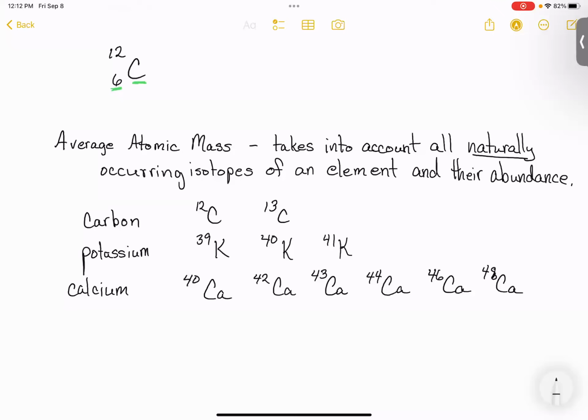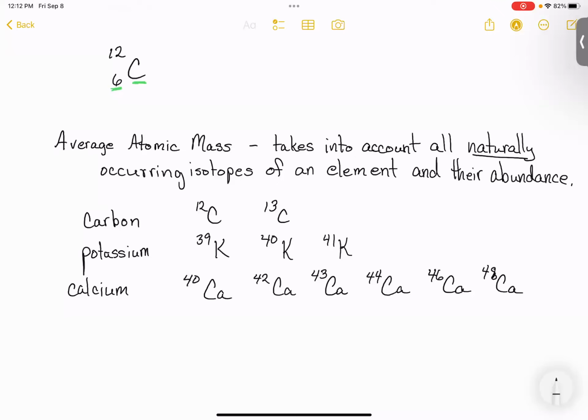So, for example, carbon has an average atomic mass of 12.0108.